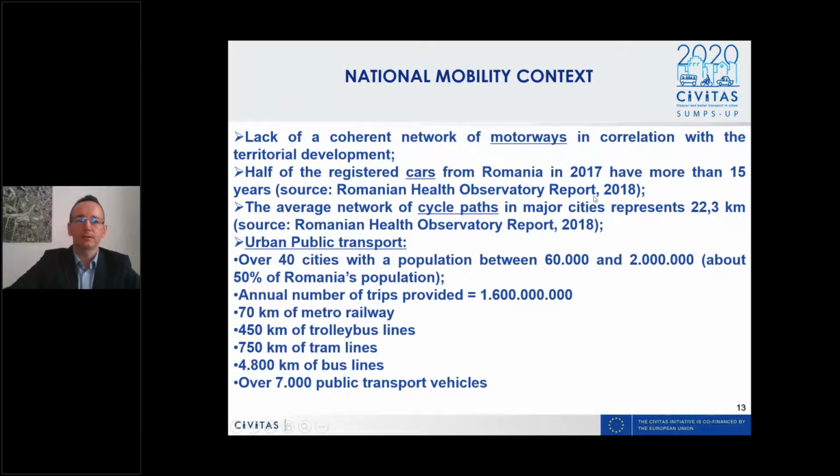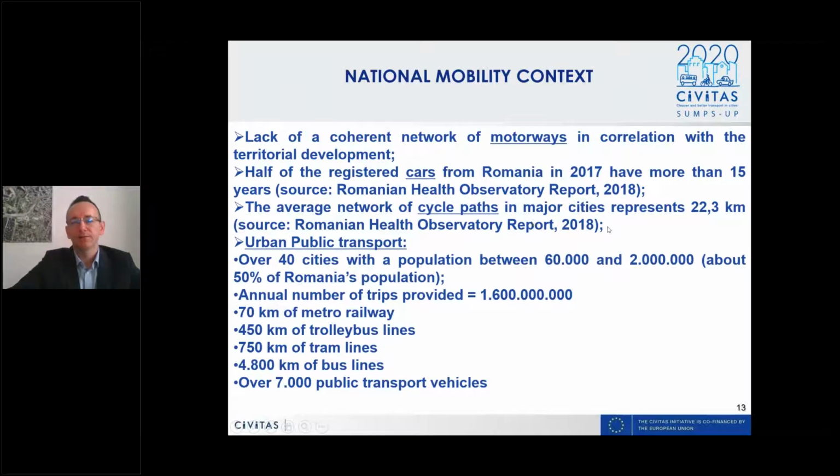Let's talk a little about the national mobility context, in order to give you a better perception of the tools that we have available to develop a shift or transition toward a SUMP approach. We are talking about the lack of a current network of motorways in correlation with territorial development. More than half of the registered cars, unfortunately for Romania in 2007, are more than 15 years old, according to the Romanian Health Observatory report.